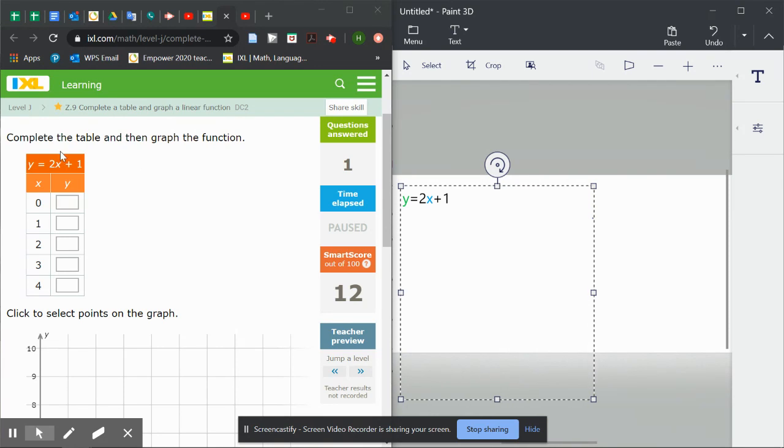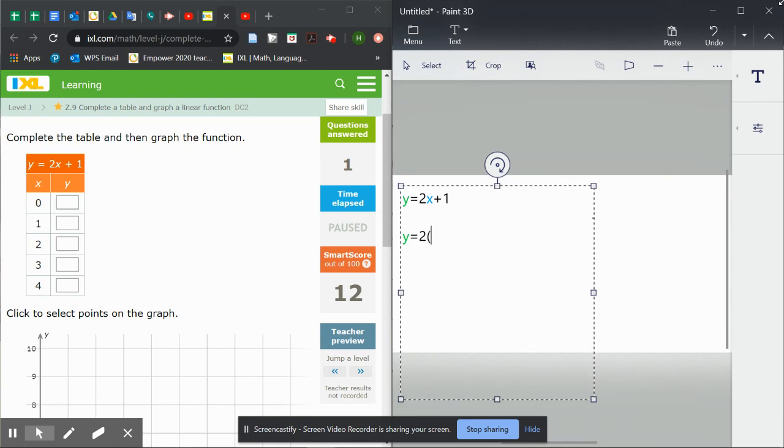So basically, since the first x value here is 0, here's my pretend piece of paper over here. What I'm going to do is say, okay, I need to find what y equals 2 times x.